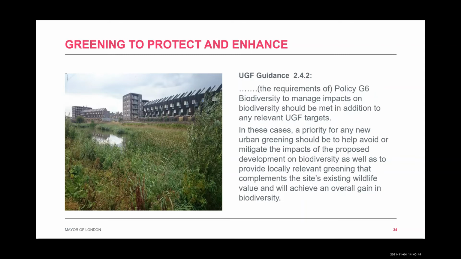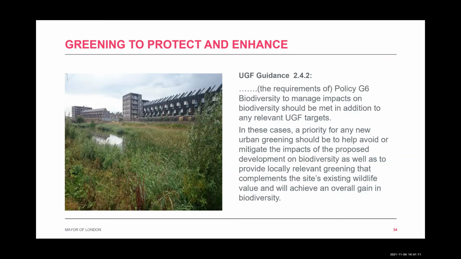And there were a number of notable either protected or biodiversity priority species on site, including water voles. So this wetland was created as part of the solution to mitigate impacts of the scheme on water vole and other wildlife, but it's also a really key component of how surface water is managed on the site. And so the flood management requirements have been met, and it forms part of the public open space of the site.